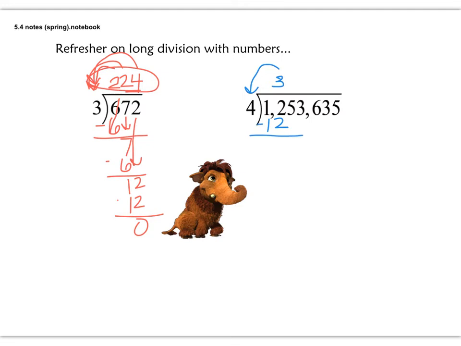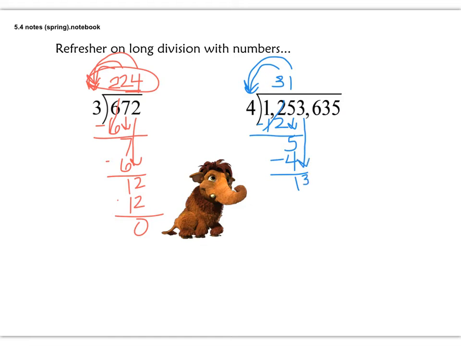And then subtract. 12 minus 12 is nothing. Bring down the next number, and we start over. How many times does 4 go into 5? Once. We distribute. 1 times 4 is 4. And then we subtract, and that gives me 1. Bring down the next number, and we start over.